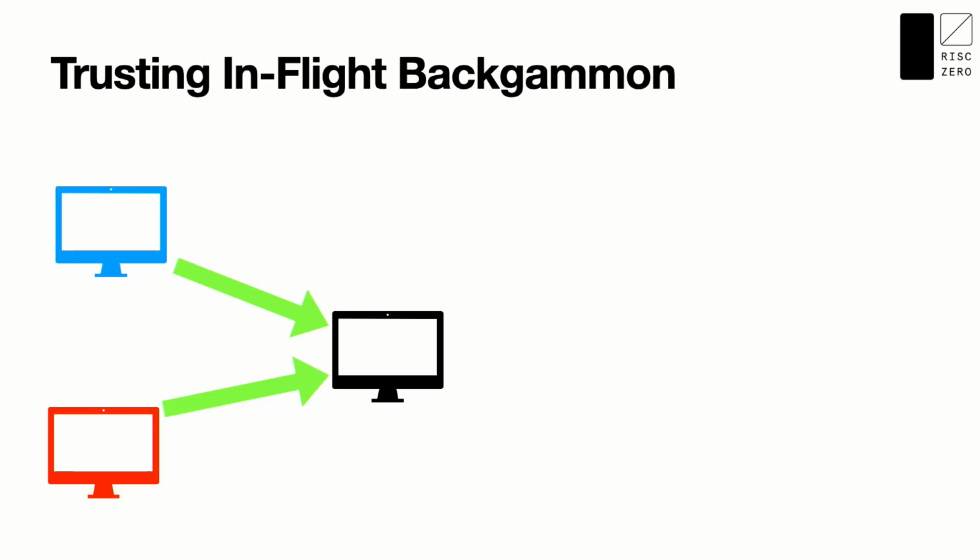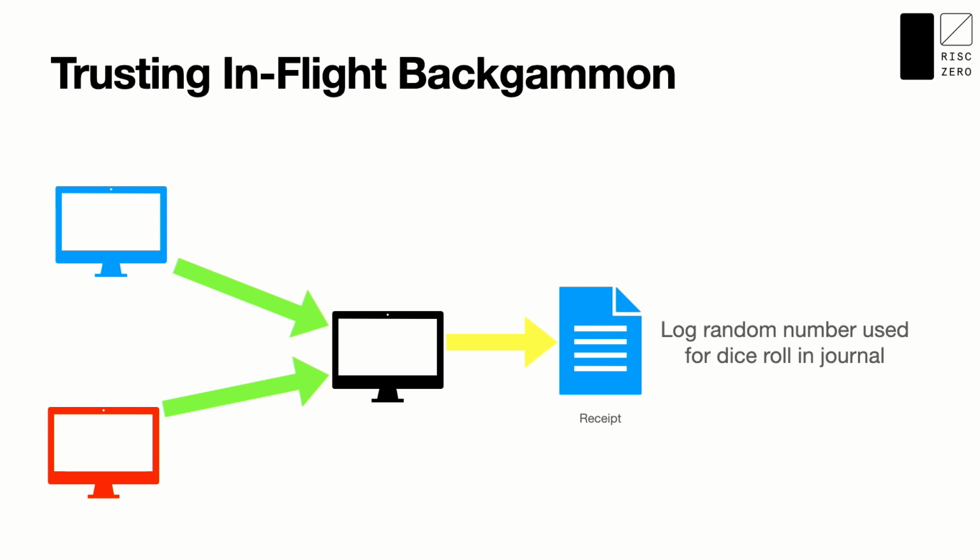So how can we trust in-flight backgammon again using these concepts? Well, assuming that we have some sort of computer that is managing the games, we can have the server run these computational proofs with a receipt that contains some sort of information about what kind of random numbers are being generated. Now, this also implies that we're placing trust on the zkVM itself, which might not be good.